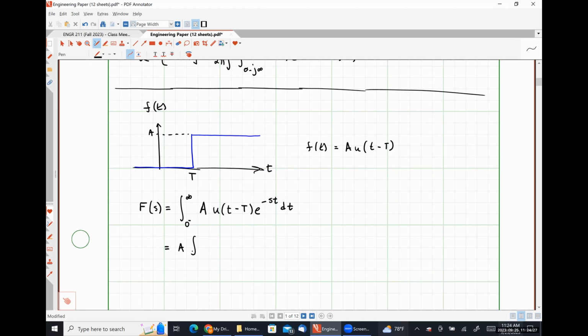So what should this integral look like from 0, where we start things, to capital T? 0. That part can get thrown away.